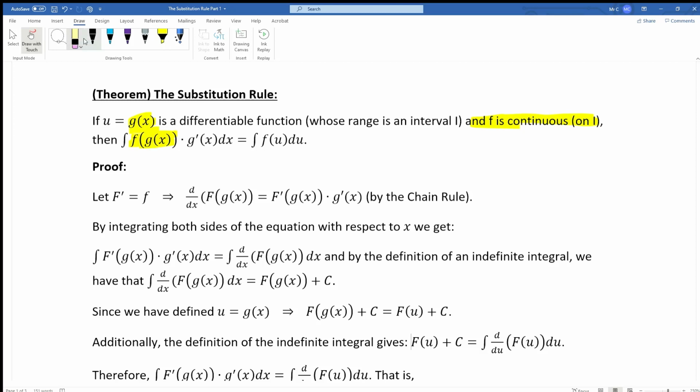So that tells us we still have all the continuity we need from our whole function inside the integral there, and we don't have to worry too much about that. So, all right, let's take a look at a proof of this.